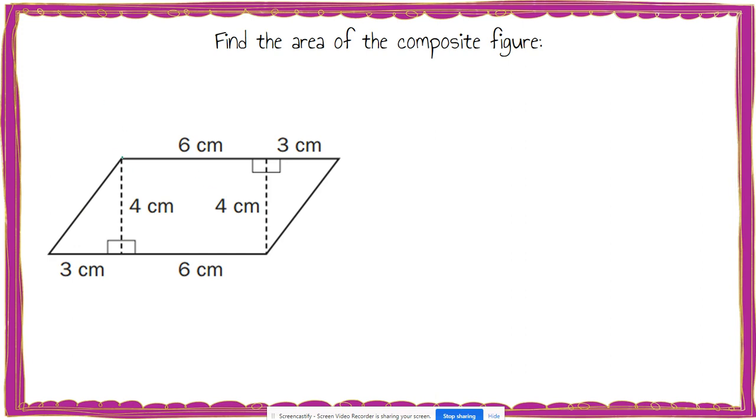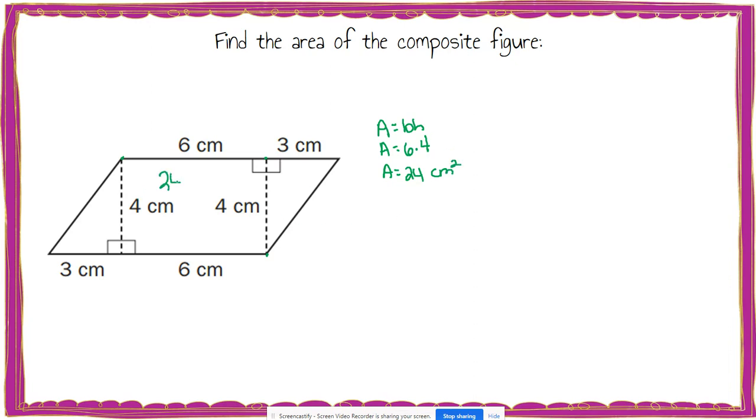I notice that my rectangle goes from here to here, and that has a measurement of 6. And then it also has a height of 4. So to find the area of my rectangle, I'm using area equals base times height, and I'm going to multiply my base of 6 times my height of 4 to get an area of 24 centimeters squared.